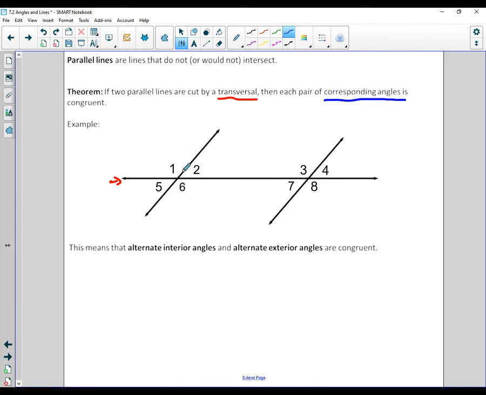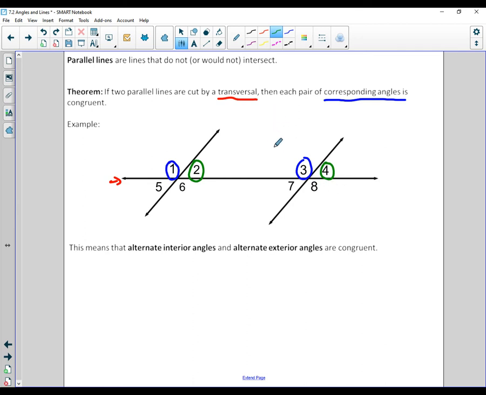Corresponding angles means ones that basically match up. So if I'm looking at angle 1 here, the corresponding angle over here would be angle 3, right? And if I'm looking at angle 2, the corresponding angle here is 4, and so on. 5 with 7, and 6 with 8.